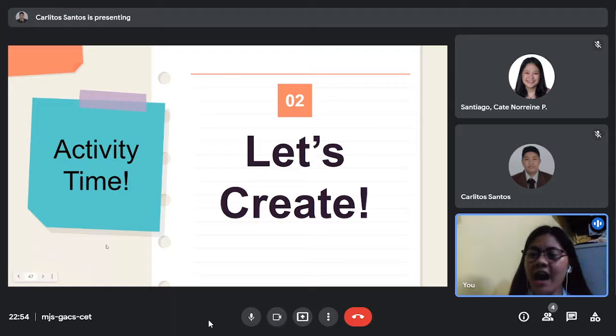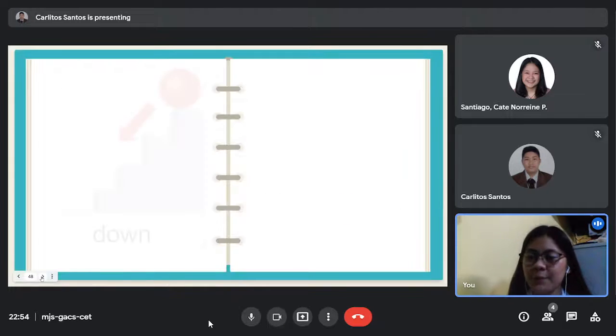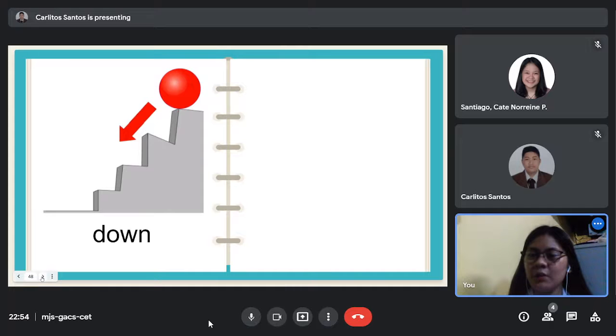And then let's have the first preposition of movement, which is down. You may use the chat box to answer this preposition of movement, or you can also use your microphone.